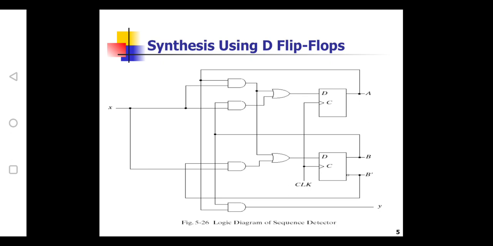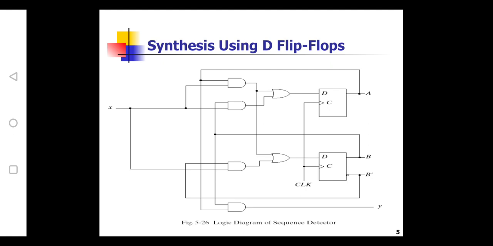So here first we need to draw two D flip-flops. One is dA and the other one is dB. As they didn't specify any type of circuit, we are assuming it as synchronous, so the common clock is applied for both the flip-flops dA and dB.